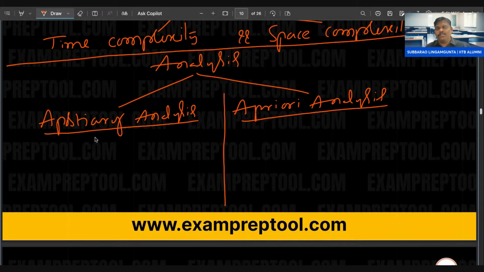There are two analyses there. If you see the post-theory analysis, remember, this analysis is based on the type of processor.